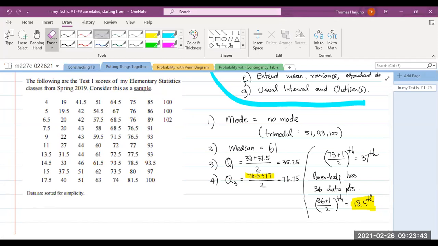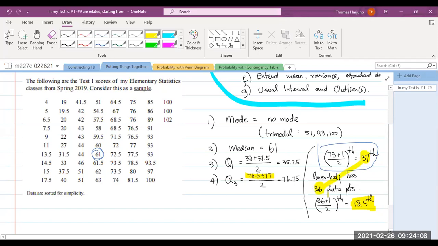Let me mark it again. So this is the median, right? Use this formula to know the position: n plus 1 divided by 2, right? Now, because it is exactly one number of the data set, then the lower half must have only 36. So from 37, there are only 36 data.